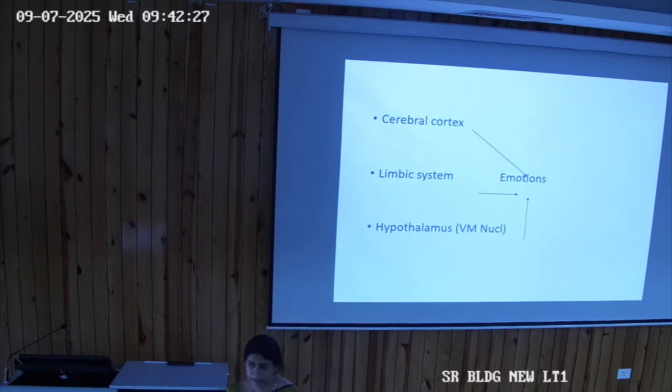It is mainly responsible for olfaction. Secondly, it is responsible for memory. Third, it is responsible for emotions. Whatever the visualization is, accordingly it will be changed in the emotions.